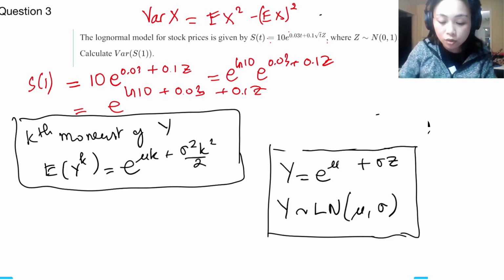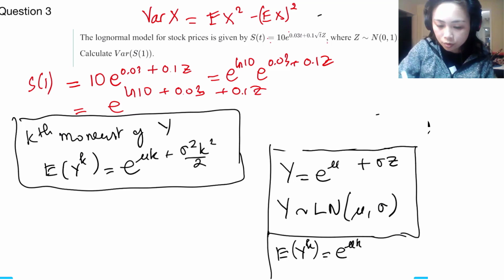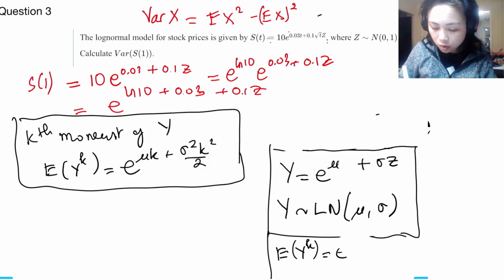E to the mu k. My handwriting is so bad. E to the mu k plus sigma squared k squared over 2. I'm gonna erase this part because I don't need it anymore. See that? Alright.